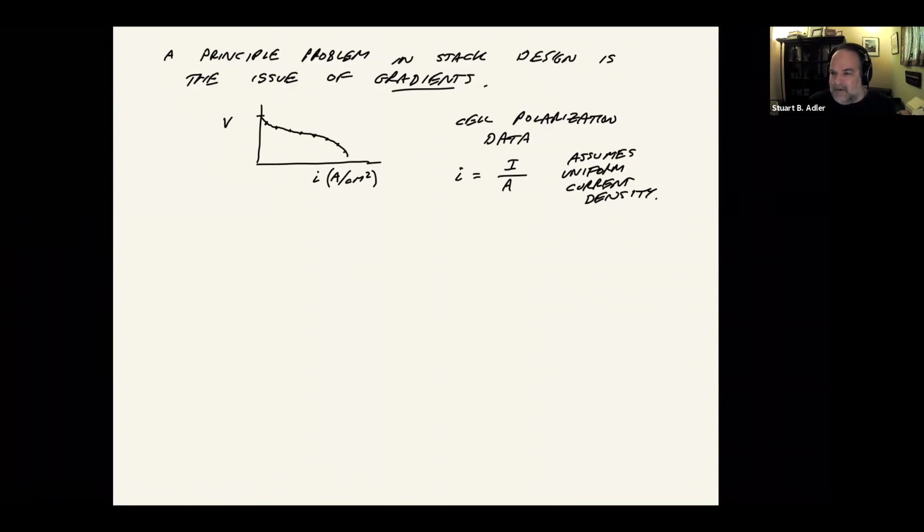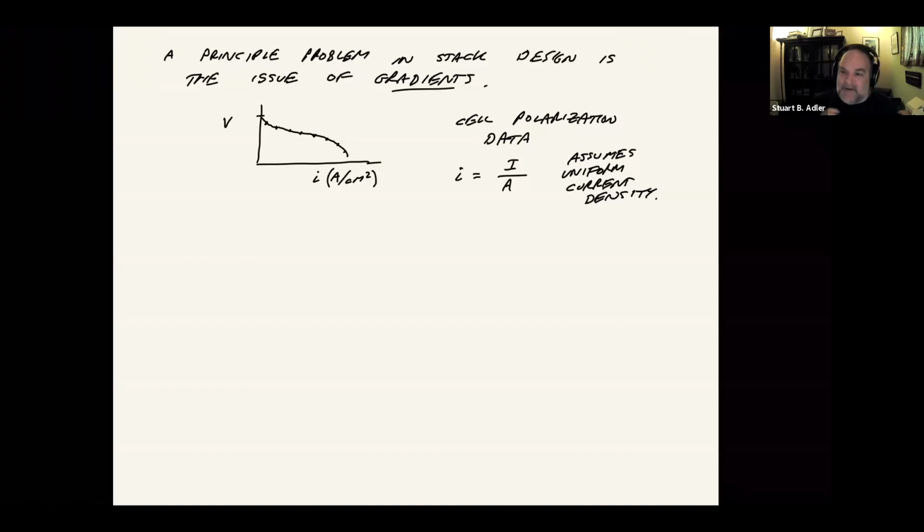So the oxygen concentration is 21%. And then on the fuel side, same thing. You feed in hydrogen with some amount of water, and you keep those concentrations uniform everywhere along the entire anode. And so this really works: you measure current, divide by area, and that gives you the current density.